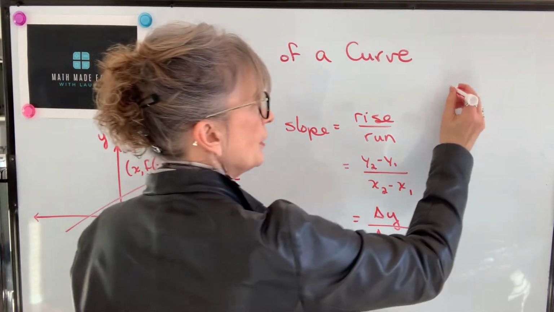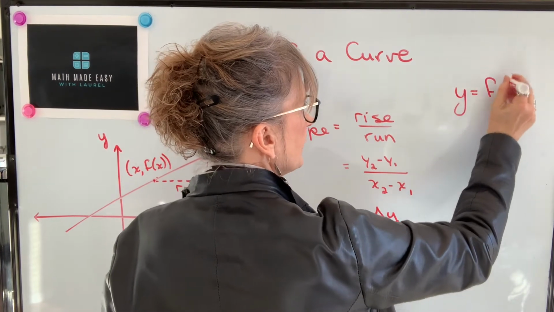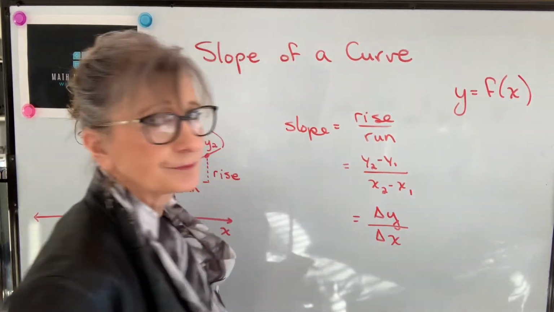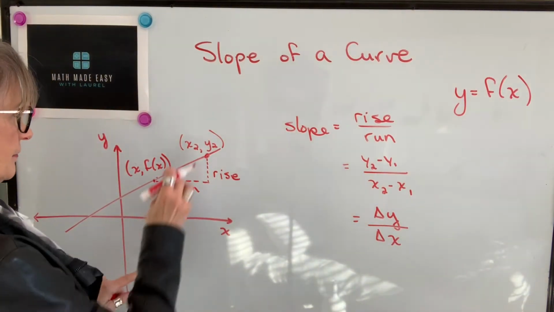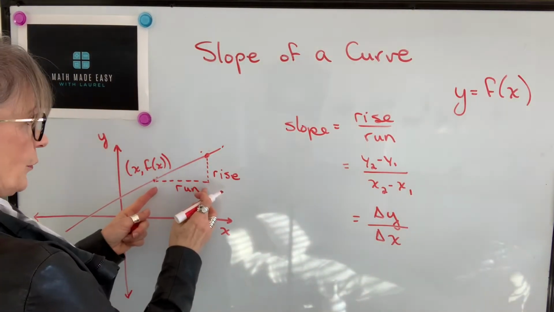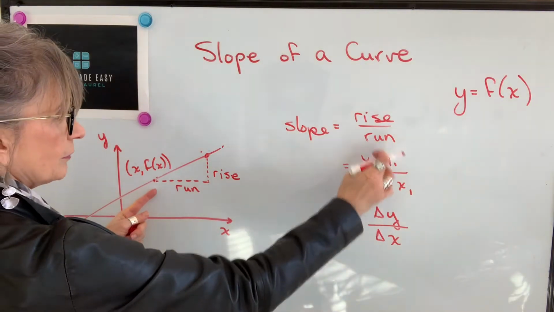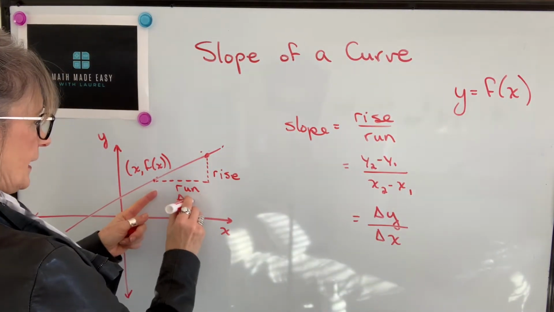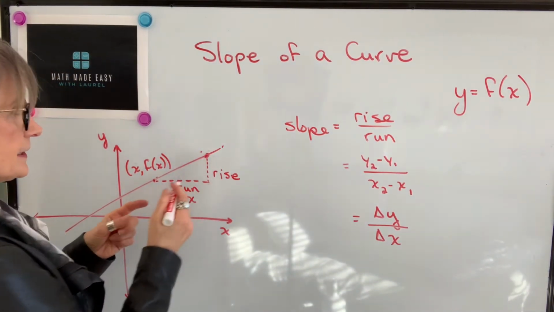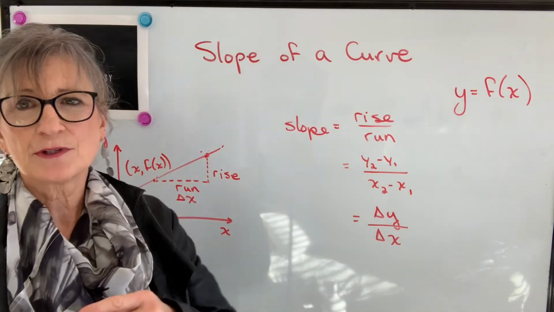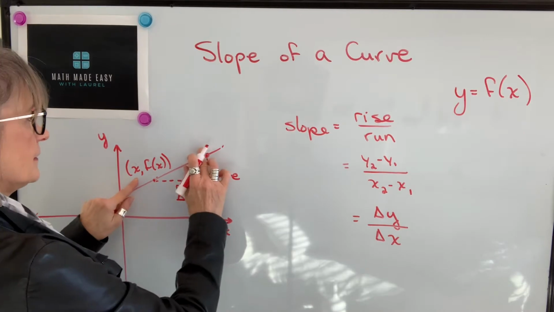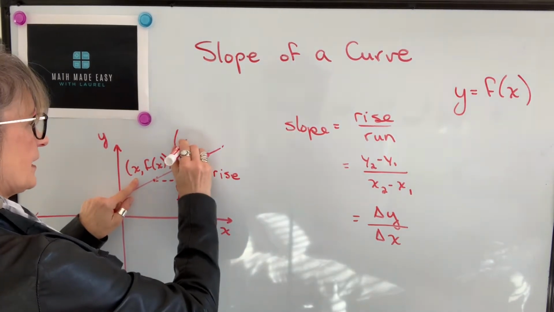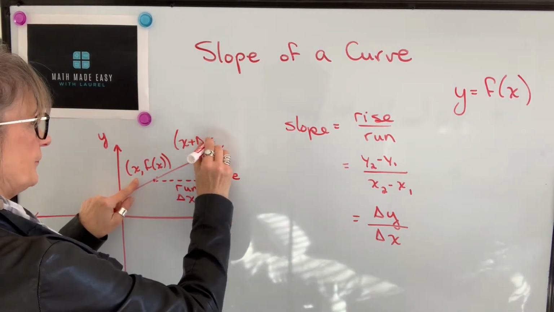But remember, y can be thought of as f of x. Okay. Then with my next point, I'm going to call the run delta x. So instead of defining my x value as a different value, I'm going to write it in terms of x. So this x value will be x plus delta x.